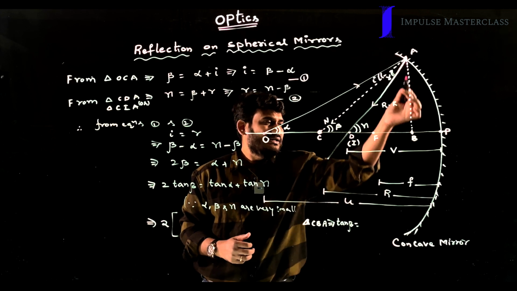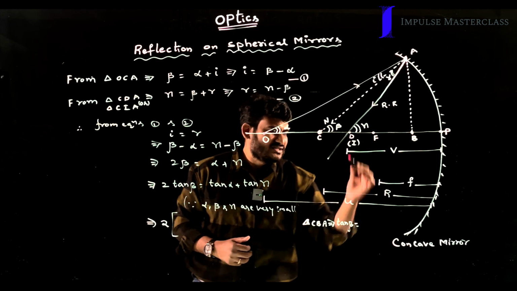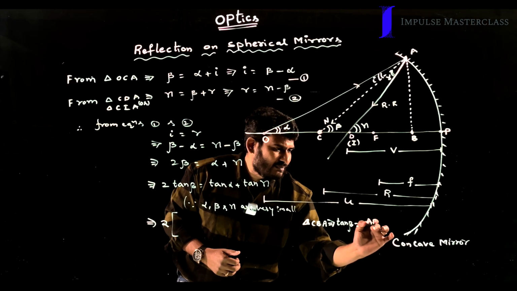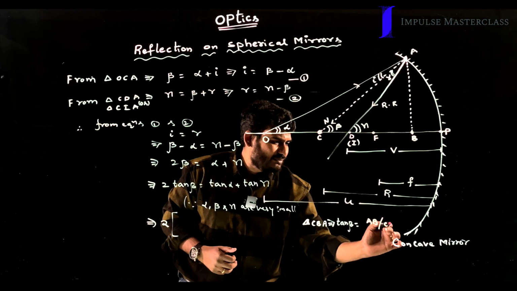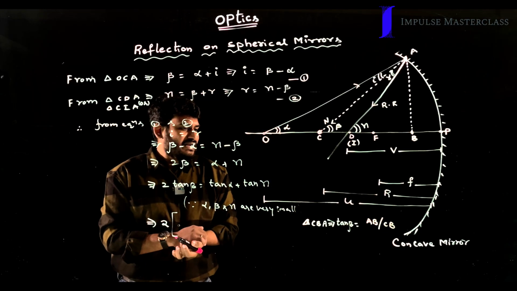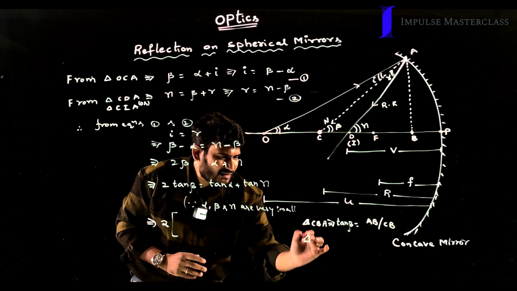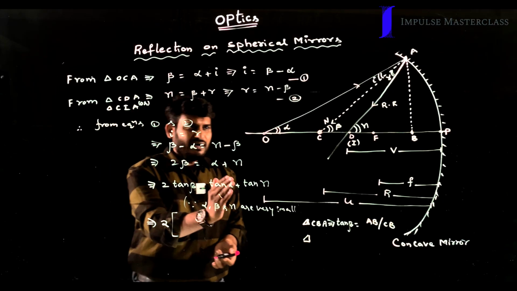Tan beta is nothing but opposite side by adjacent side. What is the opposite side? AB. What is the adjacent side? CB. So AB by CB.